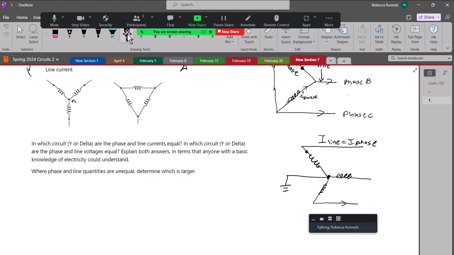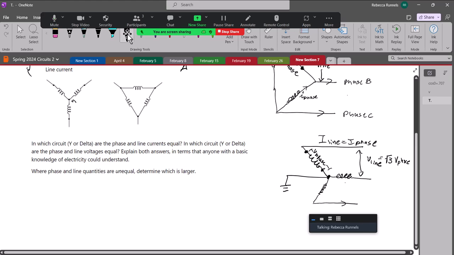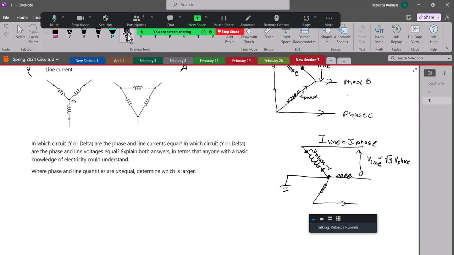V phase is right here. V line is the voltage between the lines. And that equals the square root of 3 V phase. So the V line is square root of 3 V phase, but the currents are the same.